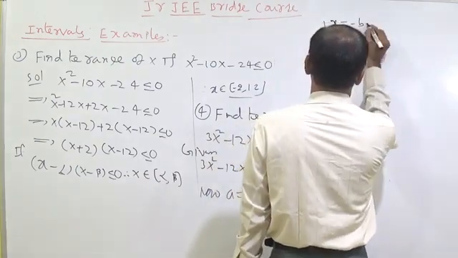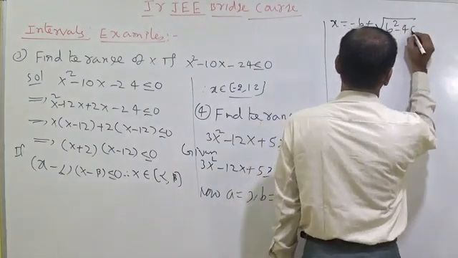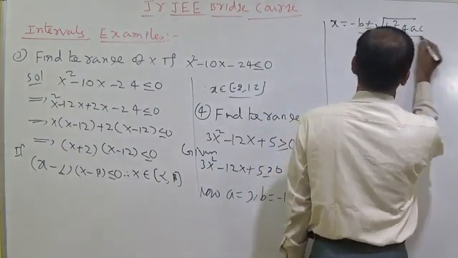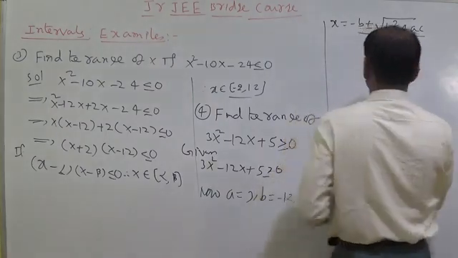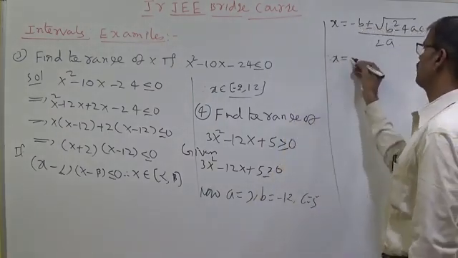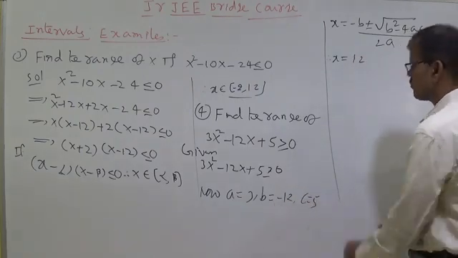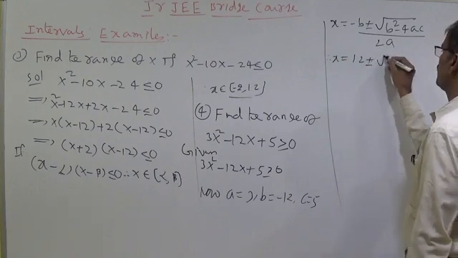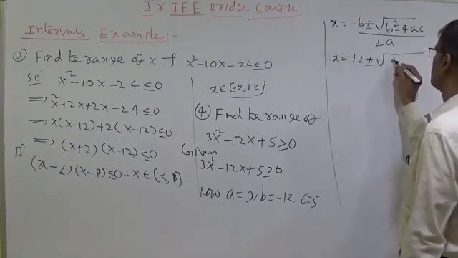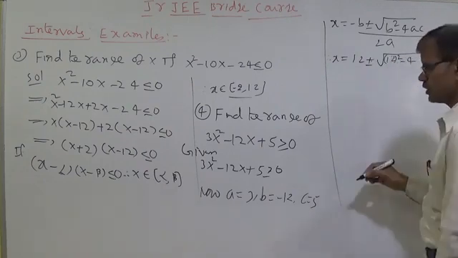Using the formula x is equal to minus b plus or minus root b square minus 4ac whole by 2a, let us write the value: x is equal to minus b, that is minus of minus 12, plus or minus root b square, here 12 whole square, minus 4ac.